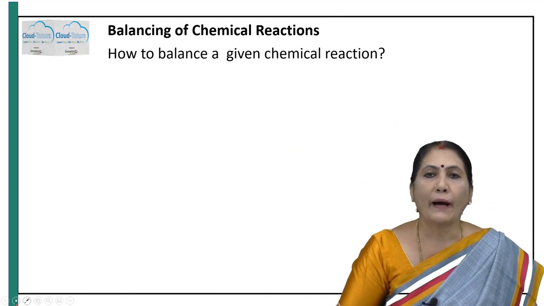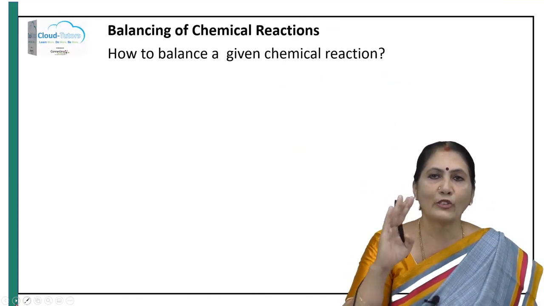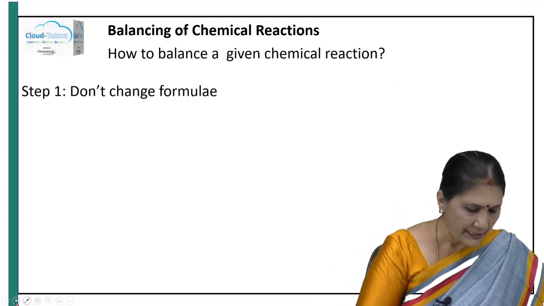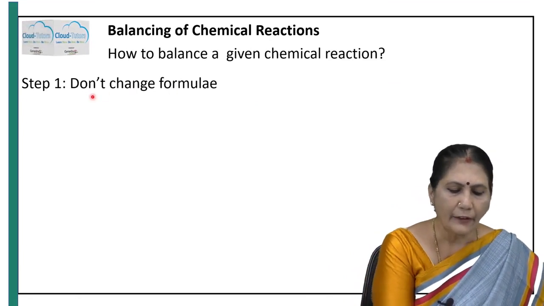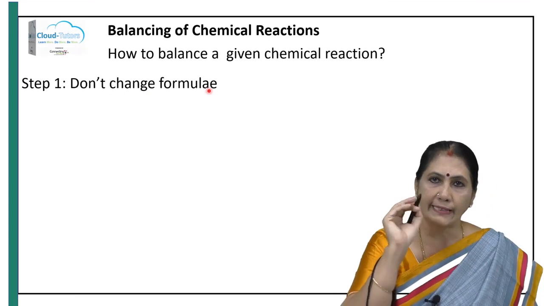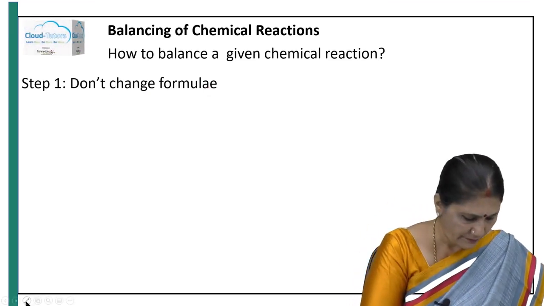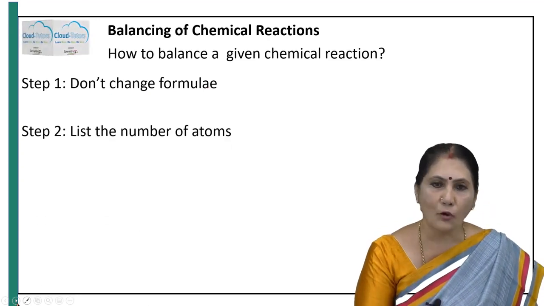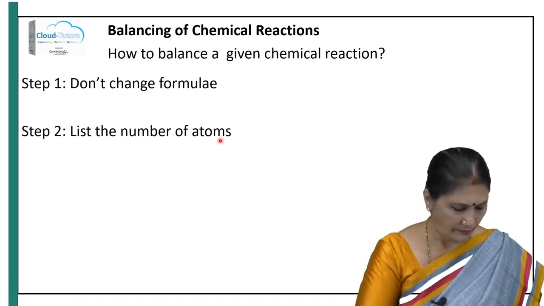Now, how to balance a chemical reaction? We have to follow certain steps, one after the other. Step 1: don't change the formulae. Whatever formula is given in the question, don't try to change it. Next, you have to list out the number of atoms which are present.